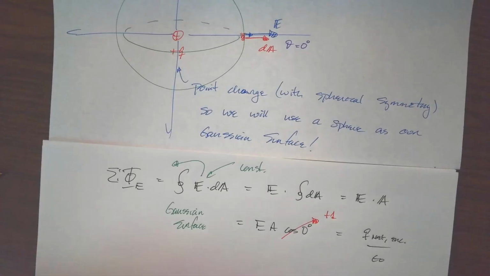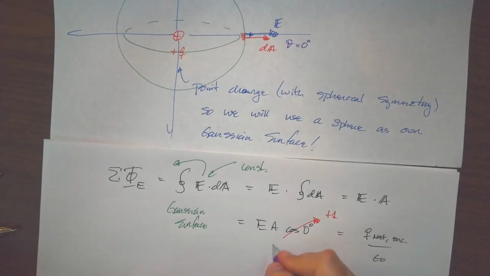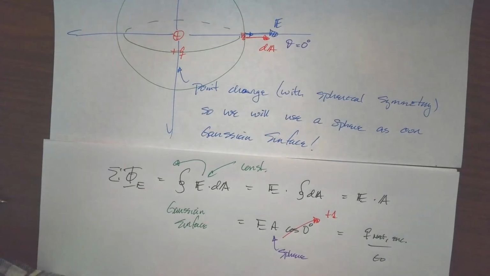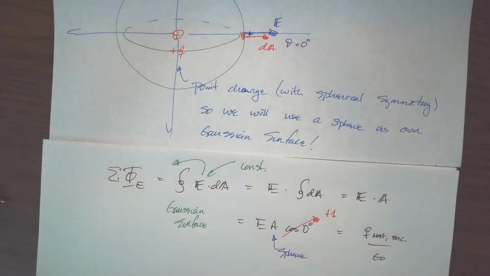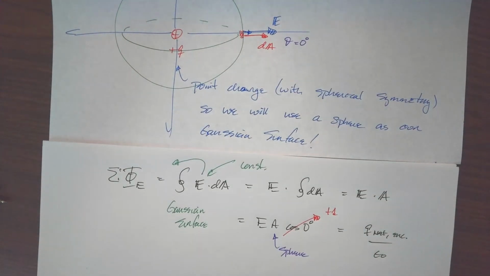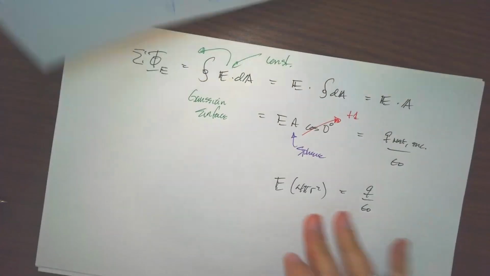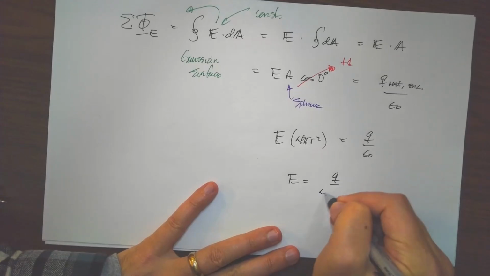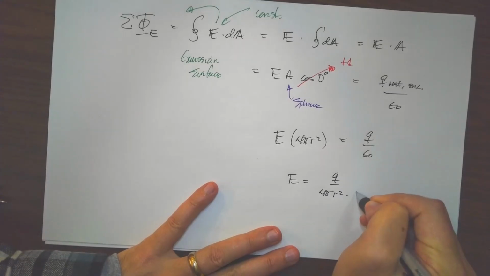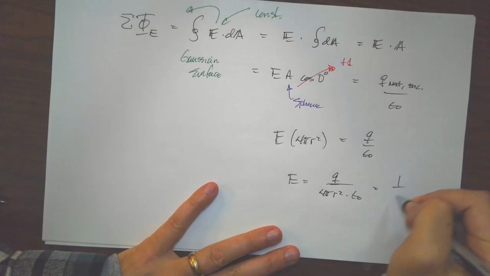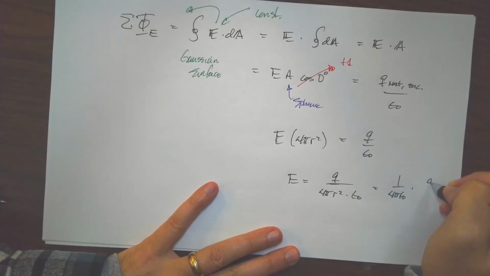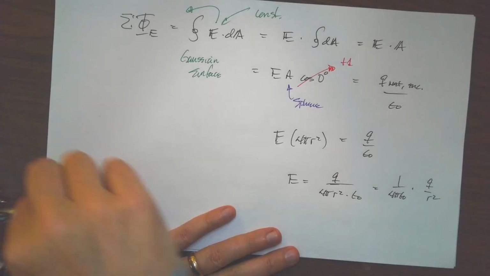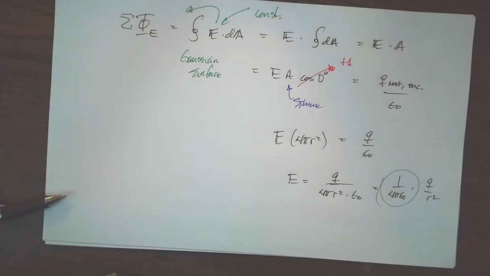And then what we'll do is say that my A was our sphere in this instance, so we get E times 4 pi r squared is equal to Q over epsilon naught, and then we divide and solve for E. That's K.